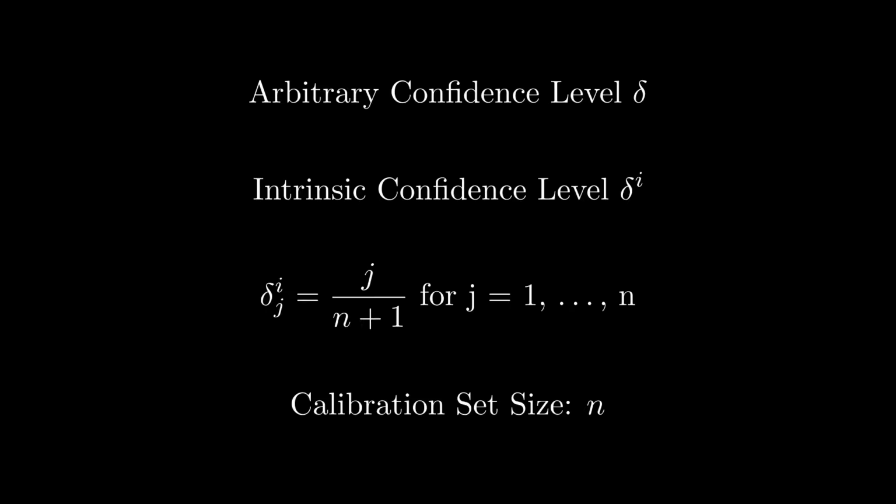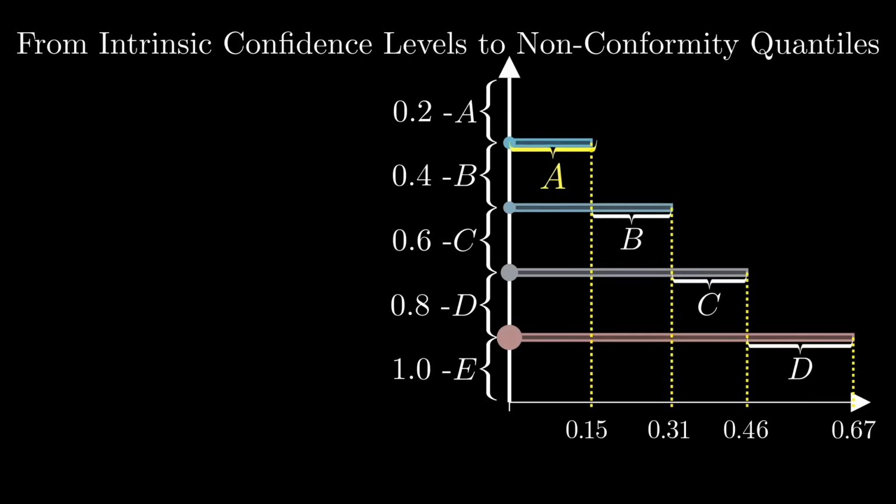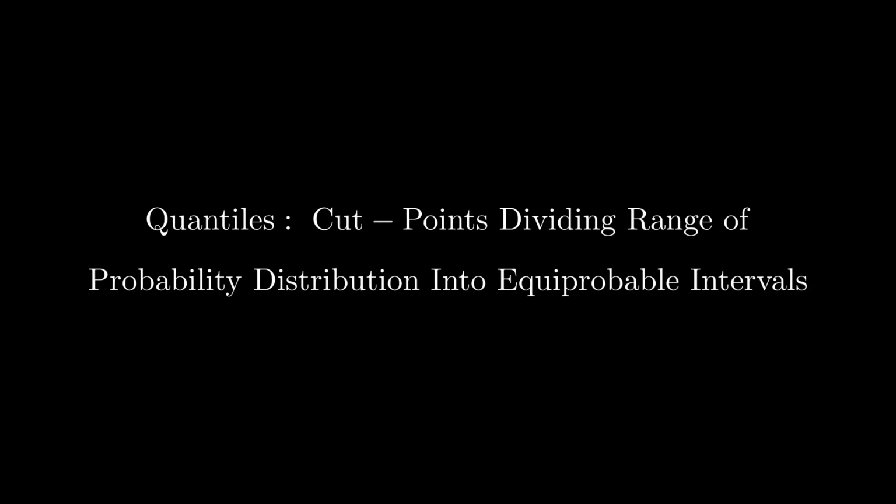In addition, because the non-conformity subintervals are equiprobable, we can view the non-conformities associated with them, that is the non-conformities in our calibration set, as quantiles. Quantiles, as you may already know, are cut points that divide the range of a probability distribution into continuous intervals of equal probability.